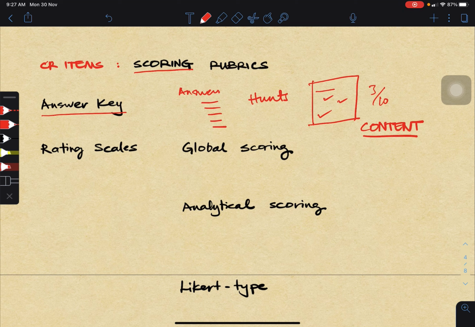Now, how do we score? What is recommended is that we also produce rating scales. Rating scales can be either global scoring or analytical scoring.